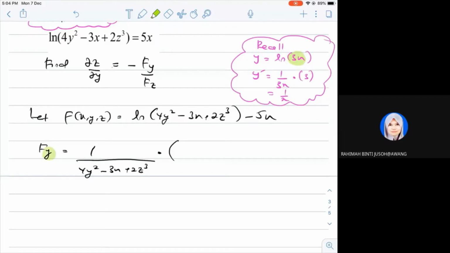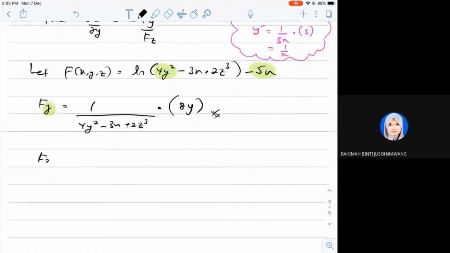Now it is y, so differentiate with respect to y. Which term do you differentiate? Y, 4y squared. Okay, so differentiate 4y squared, we will get 8y. Now how about this? Differentiate negative 5x with respect to y. We'll get 0. So you just leave your answer like this. So you have this. And then differentiate fz.